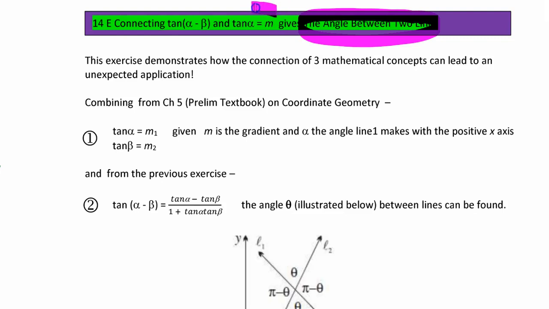Another thing that we need to connect to is the idea that the gradient of a line is tan of, now this is not theta, this is alpha. Remember back in the preliminary course, we found that the gradient was tan of the angle that the line makes with the positive x-axis.